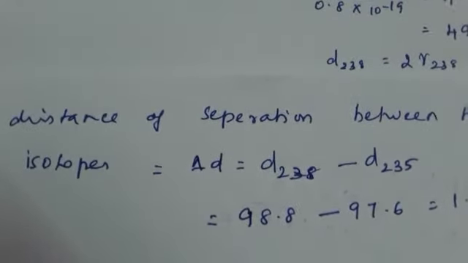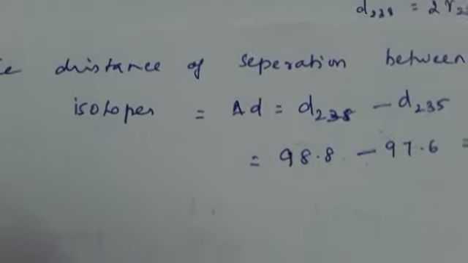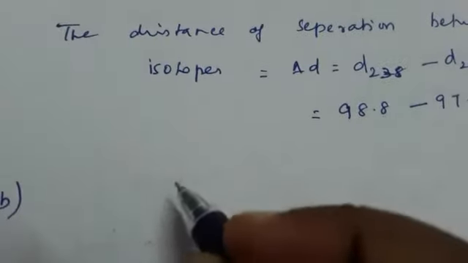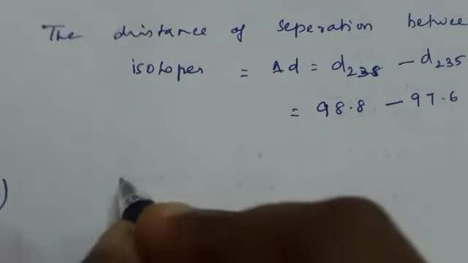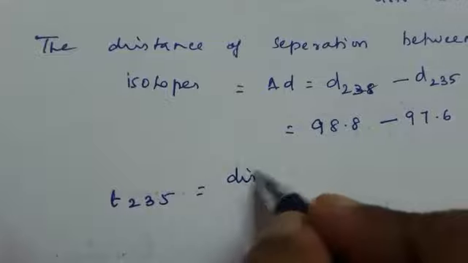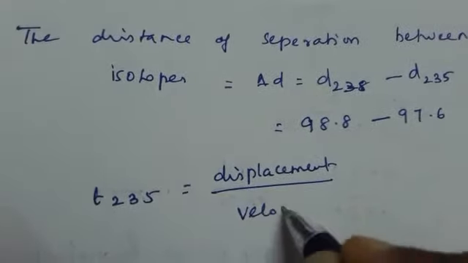Now what is the second part? The second part is we have to find out the time taken by the isotope to complete one semicircle. So what is the time taken by uranium-235? Time is displacement by velocity. What is your displacement here?